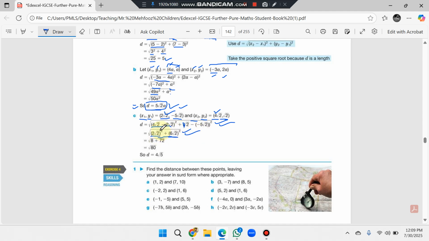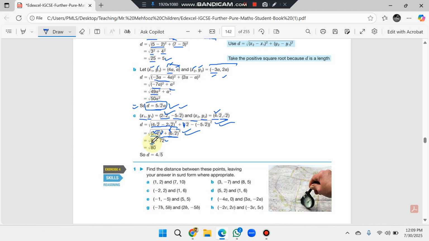After that, when the square is opened, the square will be of this 2 as well as this square root. So it becomes 4 multiplied by 2, that is 8. And also square will be of 6 as well as square of square root of 2. So it becomes 36 multiplied by 2, so it becomes 72.